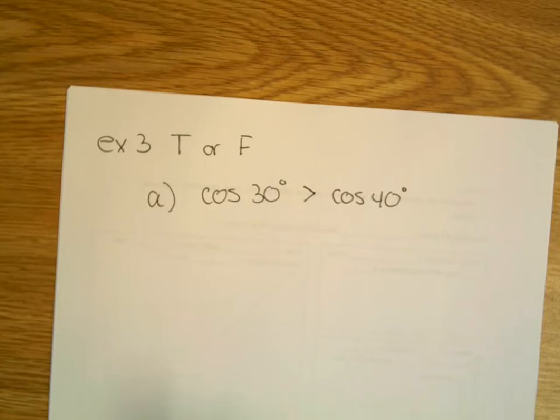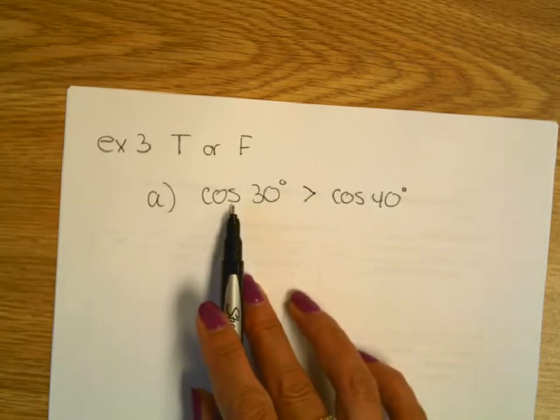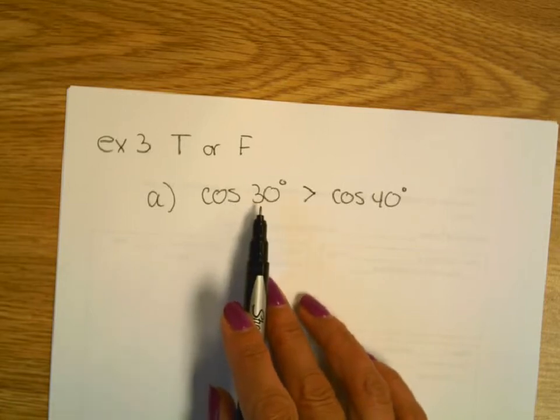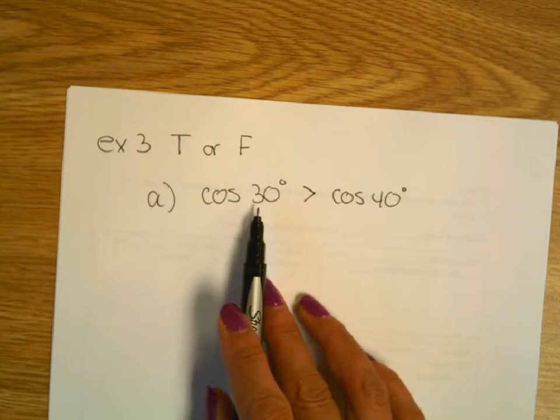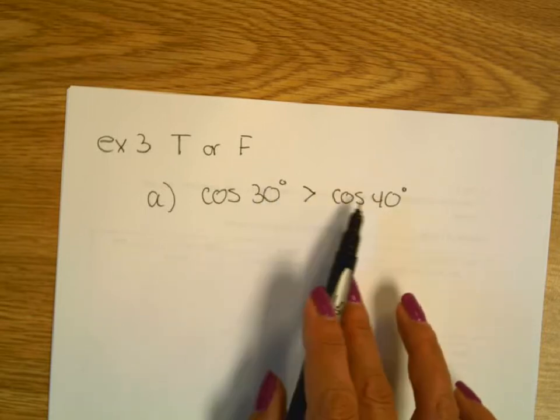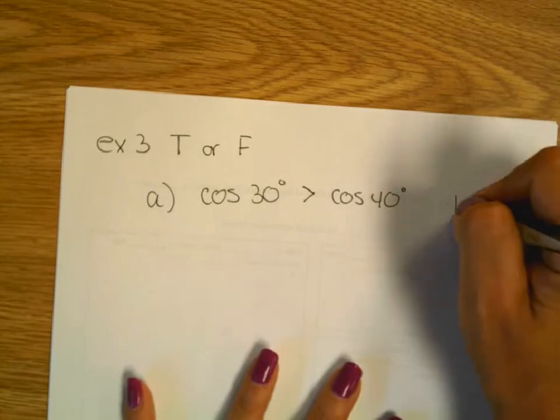So you just got to think, when is the x leg longer? Is it longer when it's down at 30 or is it longer when it's at 40? The x leg. Where is it longer? 30. So is this statement true to say the cosine of 30 is going to be bigger than the cosine of 40? Yep.